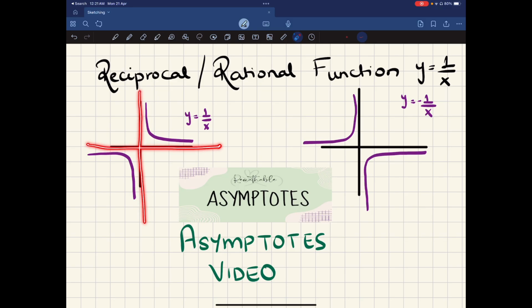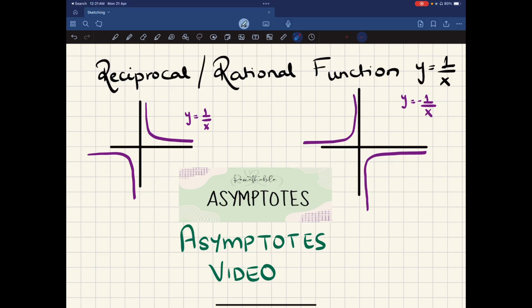Whenever you have to sketch reciprocal functions, first find the asymptotes. Asymptotes are imaginary lines which the graph gets closer and closer to but never actually touches or crosses. So you're going to draw those imaginary lines on your sketch, and then you're going to draw your graphs, ensuring that they do not intersect or cross the asymptotes. So this was for rational functions.